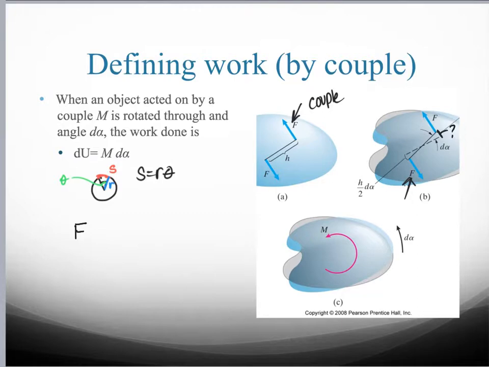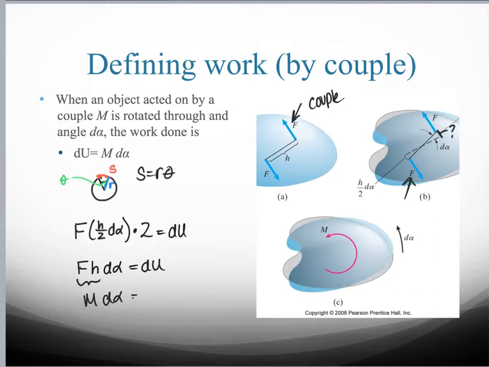That could be written as h over 2 times d alpha, and then we have two of those forces, one on each side, which gives the total work done by that couple. Because the 2 factors out, I have F times h times d alpha. And you might remember this is how we would define the moment of the couple due to those two forces, and we'll write that as M times d alpha.